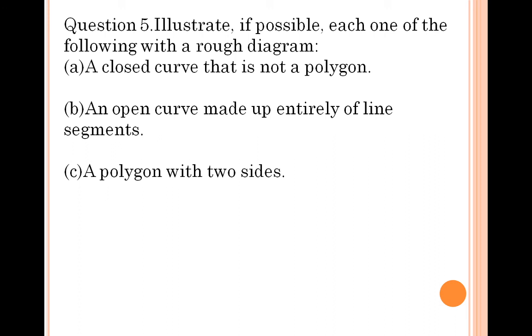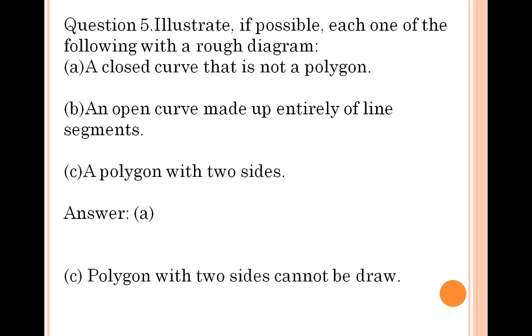It is impossible. We cannot draw a polygon with 2 sides because the definition of polygon tells us that it has many sides and many angles. So we can write the answer: a polygon with 2 sides cannot be drawn.